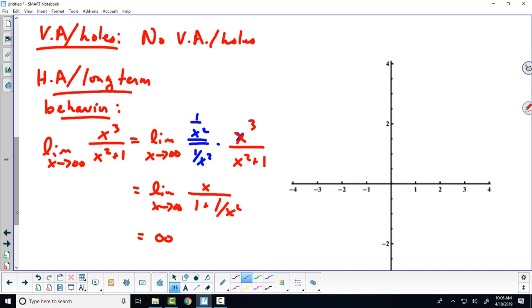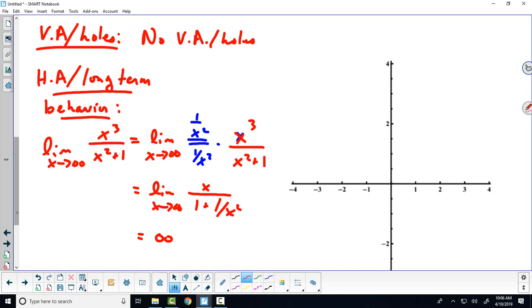I do think that L'Hopital's rule gives a better way of explaining that, because you apply it twice and you end up with 3x over 2. But anyway, you still get a limit of infinity.